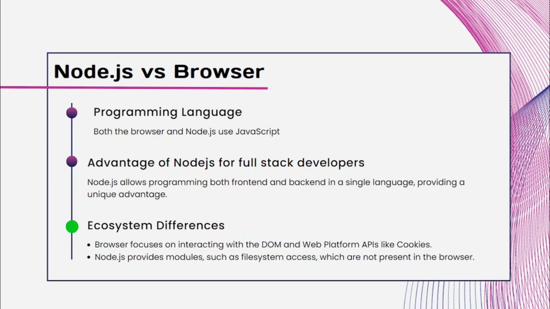Now, with ecosystem differences, the browser focuses on interacting with the DOM and web platform APIs like cookies, which are not available in Node.js. Node.js also provides modules. When we say modules, they are basically code written and stored in different files that can be imported and then used. And these modules are not present when you are using the browser.